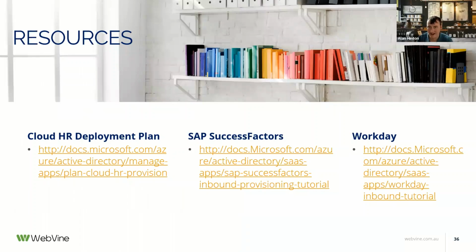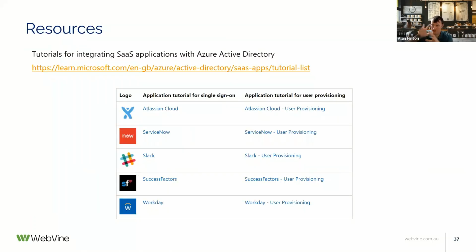Last but not least, HR platforms, especially a lot of the cloud platforms, have already developed some of these quick ways of getting connected and integrated. And they've developed lots of information about this. Here are just some examples like SuccessFactors, Workday, Cloud HR. They all have stuff on how you can do this. So this is a well-trodden path. There's also a Microsoft Azure space that actually has user provisioning like ServiceNow or SuccessFactors.